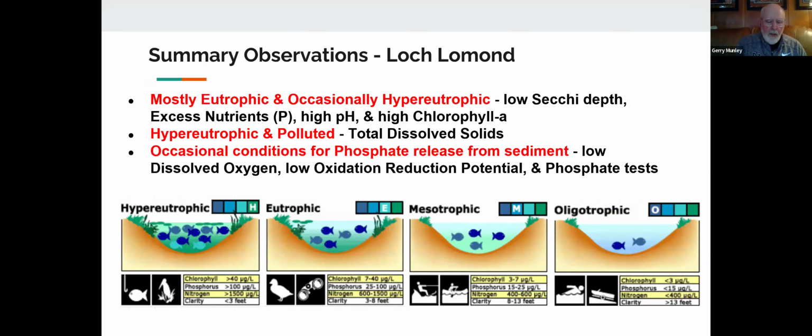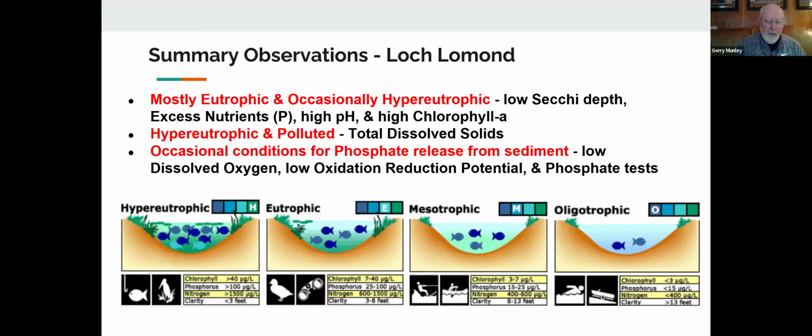So in summary, we're mostly eutrophic, occasionally hypereutrophic when we're using Secchi, pH, and chlorophyll values. And with respect to total dissolved solids, we're hypereutrophic and polluted. And there are occasional conditions for phosphate release, or we think phosphate release, with low dissolved oxygen and low ORP and the phosphate tests.